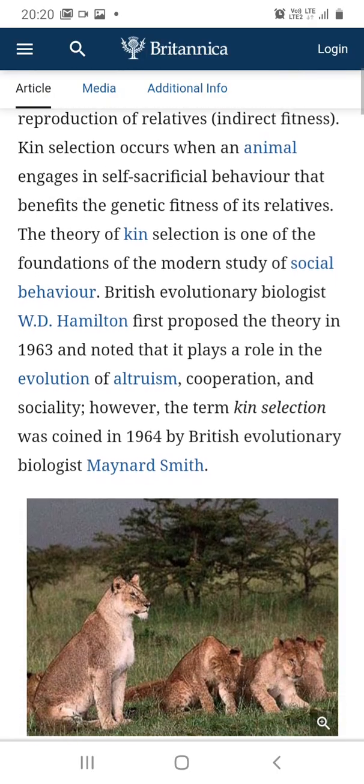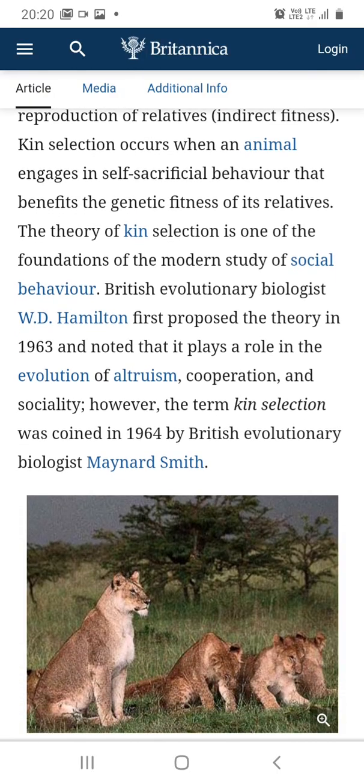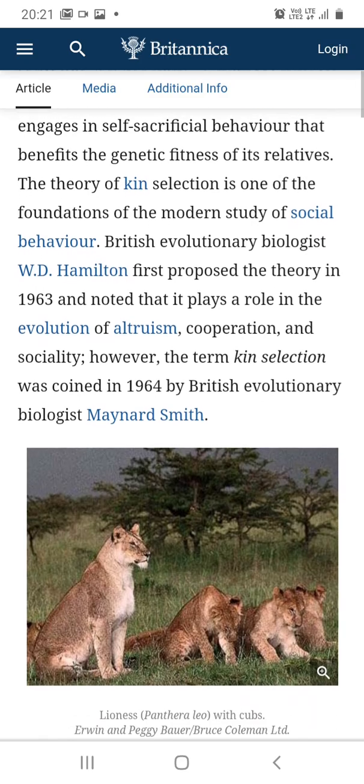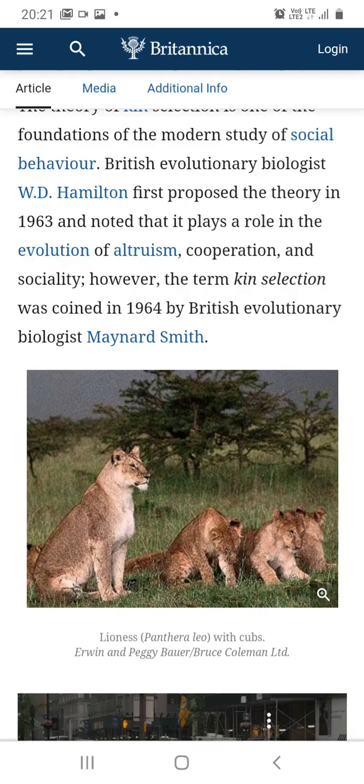The theory of kin selection is one of the foundations of the modern study of social behavior, and W.D. Hamilton first proposed the theory in 1963 and noted that this behavior plays a role in the evolution of altruism. Altruism means self sacrifice.